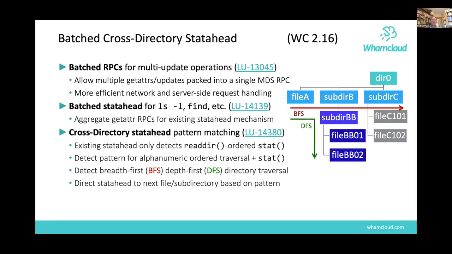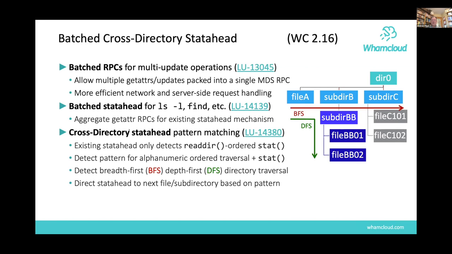And so in addition to the normal ls -l stat ahead, which has existed for a while, there's a new cross-directory stat ahead pattern, so that it can distinguish between a breadth-first search, going across all of the direct files in one directory level and then working its way down, or a depth-first search, which is descending to the bottom of the directory and then reading all the files and going up one level and then back down to the next directory.